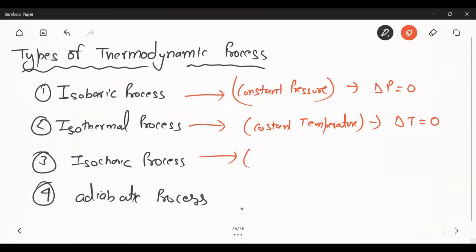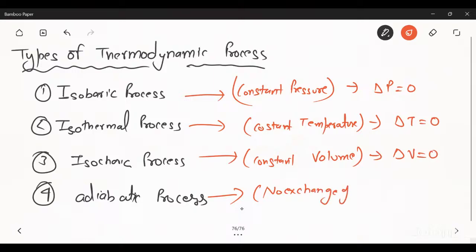Isochoric process is one which occurs at constant volume. Choric means volume, so change in volume always becomes zero. Adiabatic process is one in which there is no exchange of heat. That means change in heat is always zero.